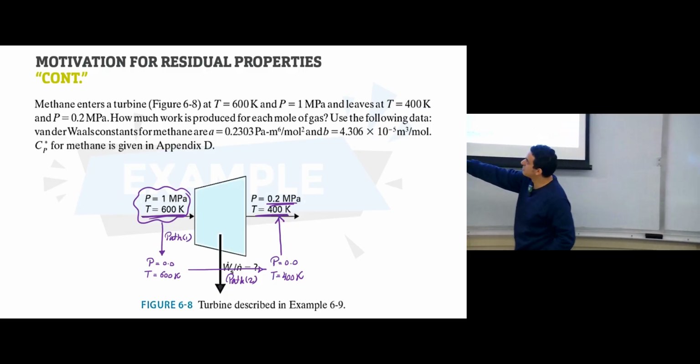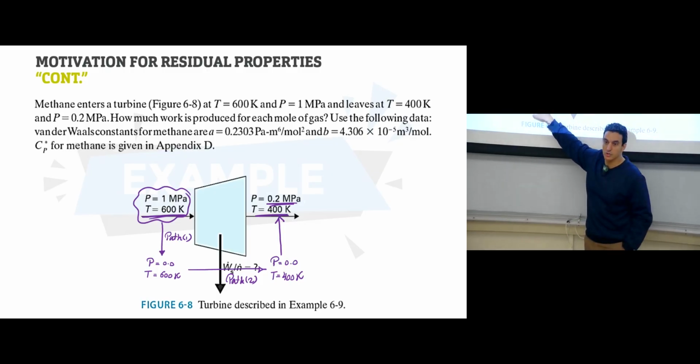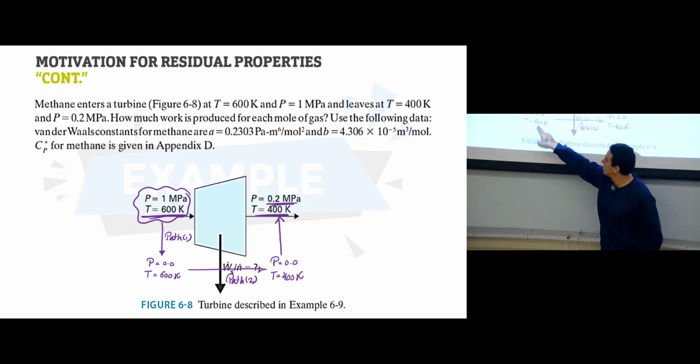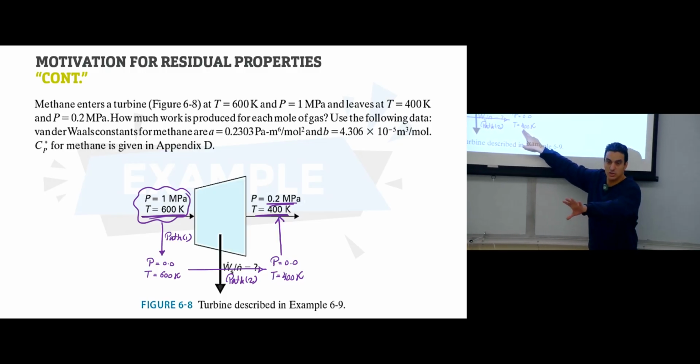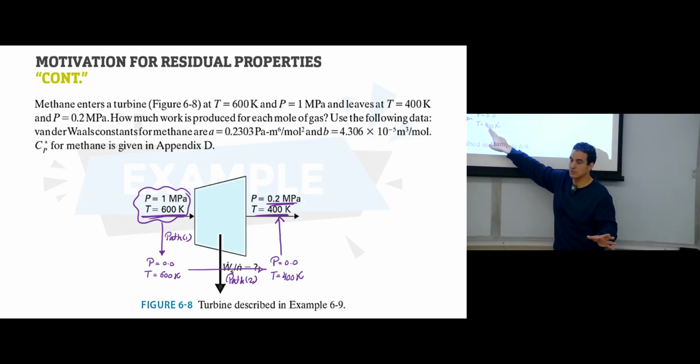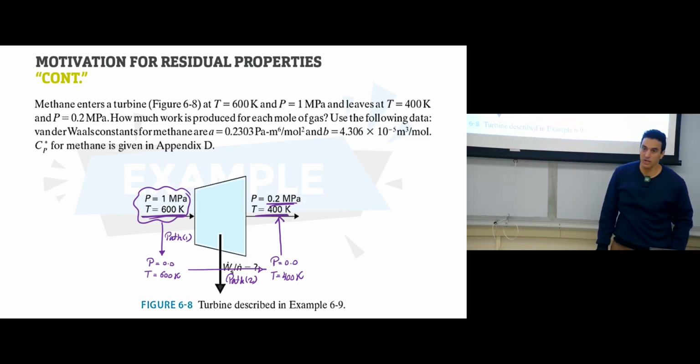The first step, pressure will change at constant temperature to 0 pressure, because at this pressure I can assume ideal gas conditions. Then pressure is constant and temperature will change from initial or inlet to final conditions. Then this is the final temperature, so it will be the same, and pressure will change from 0 to 0.2 megapascal.